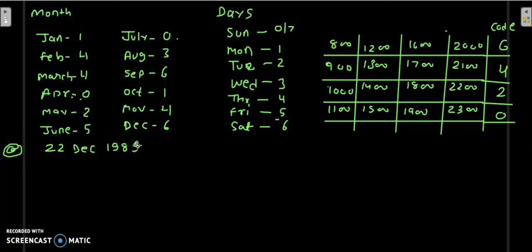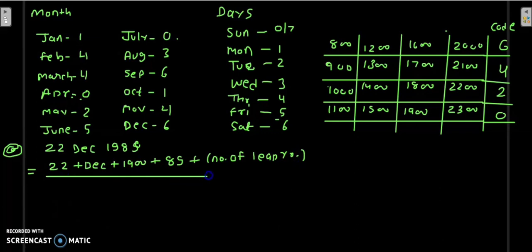Okay, so now start. 22 plus December plus 1900 plus 89 plus number of leap years, divided by 7.